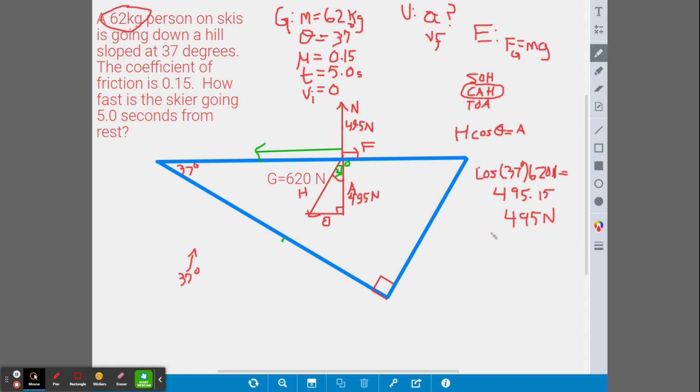For friction, I will use our equation: force of friction equals the normal force, which we just figured out, times the coefficient of friction. We are given the coefficient of friction, 0.15. So we will do 495 newtons times 0.15.